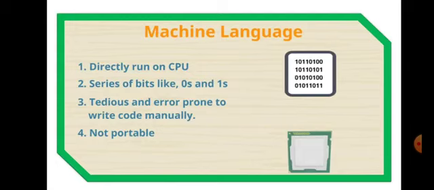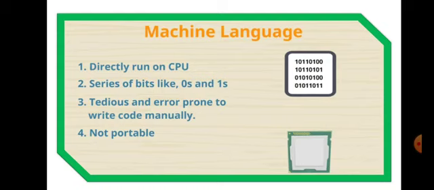Now we'll move on to the machine language. As you are quite aware, a machine language is in the form of 0 and 1. As you can see in the picture, it is in the form of numeral 0 and 1. First point, it is directly run on CPU.